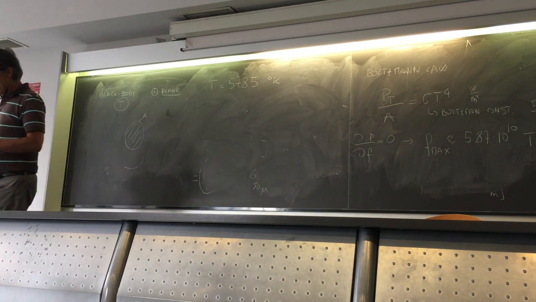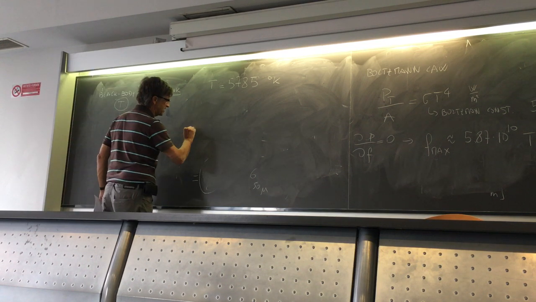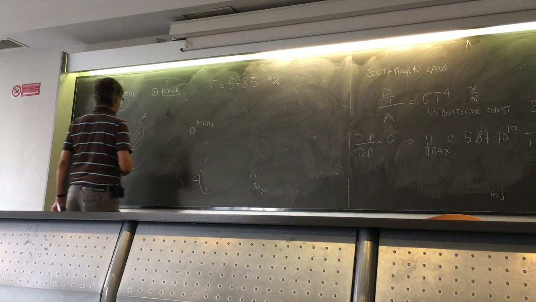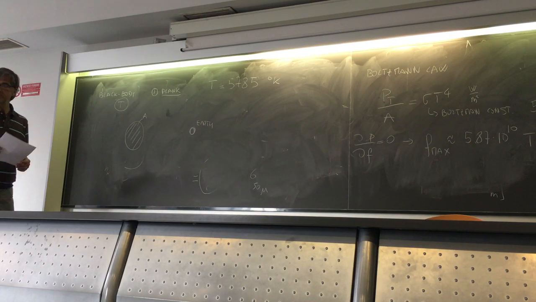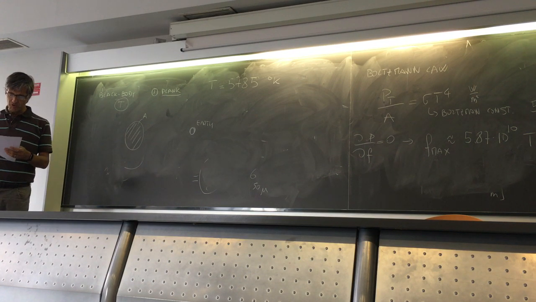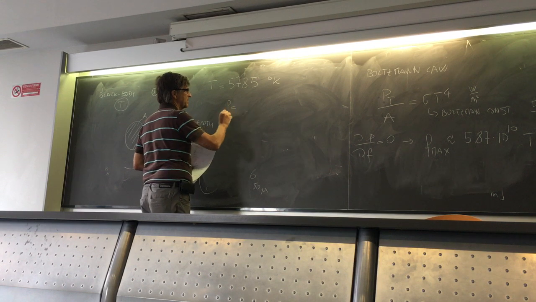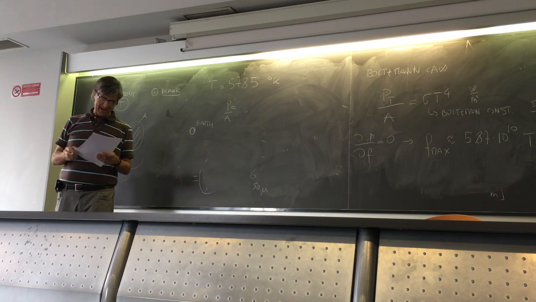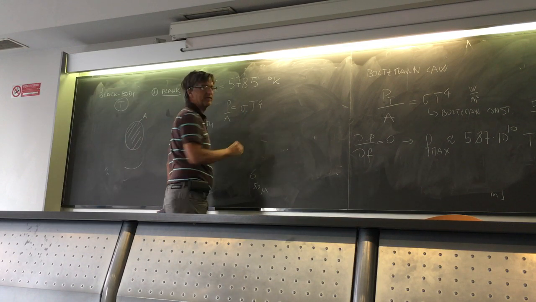Then immediately you have the sun, and here is the Earth. Immediately you can derive the total power emitted by the sun. Because remember, Boltzmann says the power divided by the emitting surface is sigma T4.